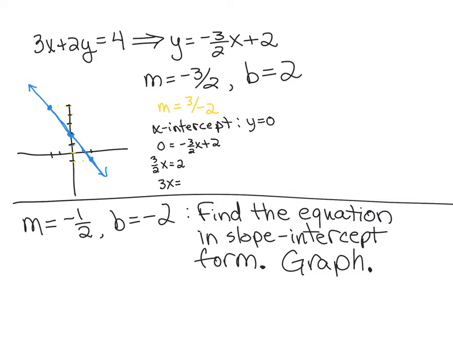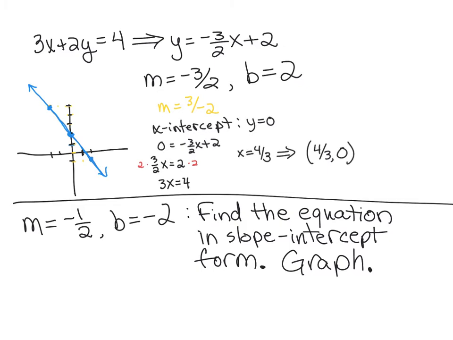But just to make sure that you know what you're doing, I'm going to eliminate the denominator first. Multiplying by reciprocal is just doing what I'm doing right now. I get 3x equals 4, and I get my x equals 4/3. So that's not exactly 1. It's 1 1/3. So my x-intercept, when x is 4/3, y is 0.